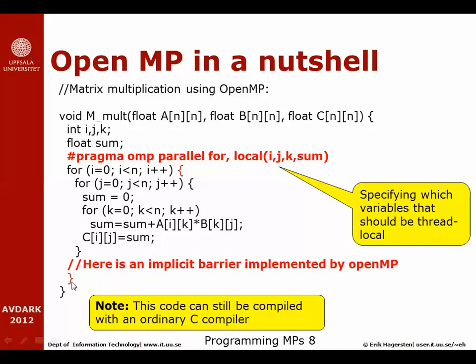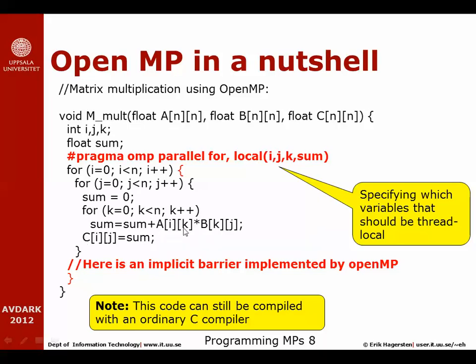Still, note that with the code I have here, we only added a comment. So for a C compiler, this will not be turned into anything. This code would still execute correctly using an ordinary C compiler, but then the matrix multiply will be a sequential matrix multiply.